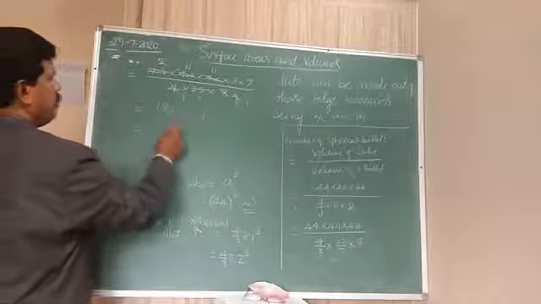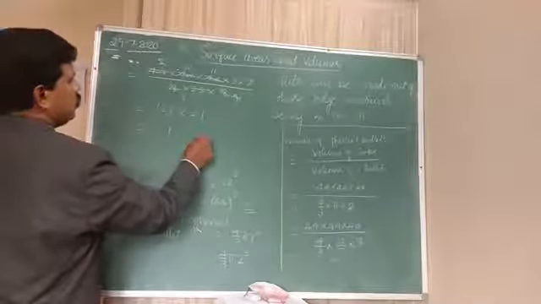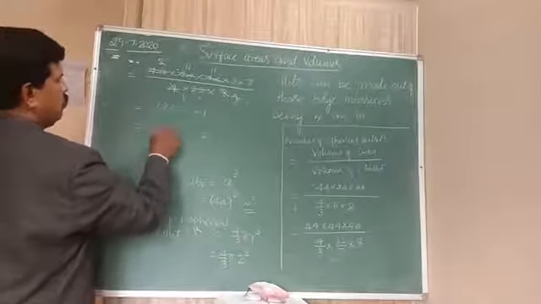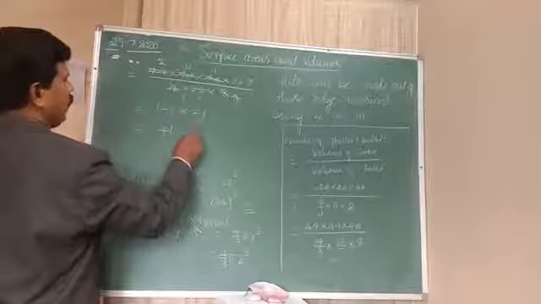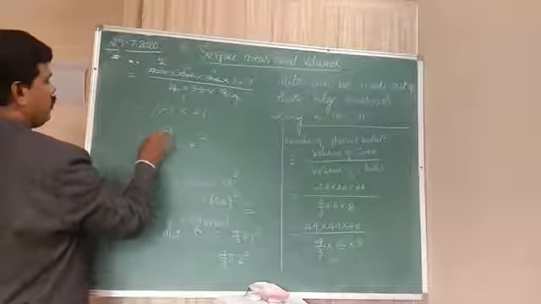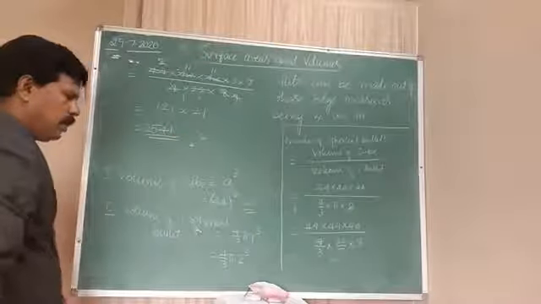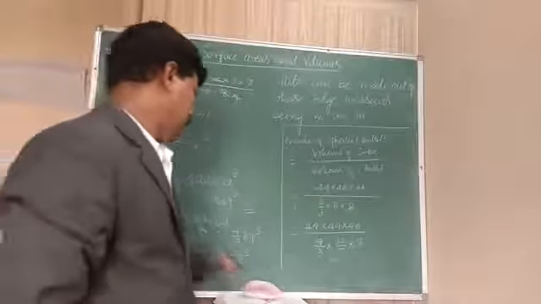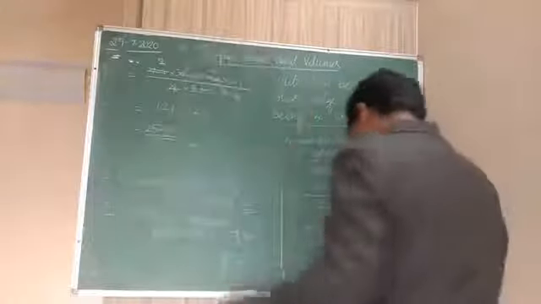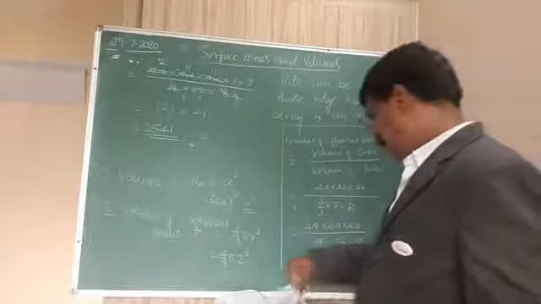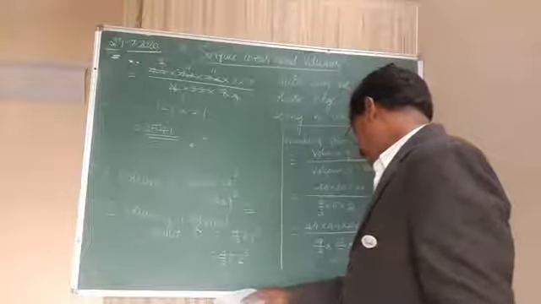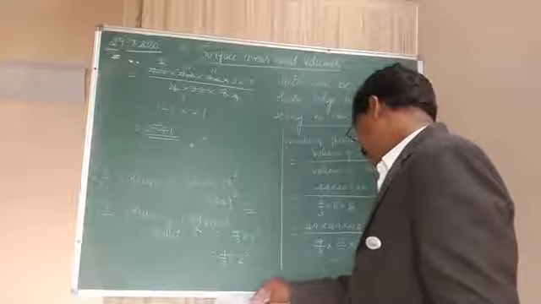Now 21 ones are 21, 2 carry, 21 twos are 42, plus 2 is 44, 4 carry, 21 ones are 21 plus 4 is 25. So how many spherical bullets can be formed? 2541 bullets we can make, right?